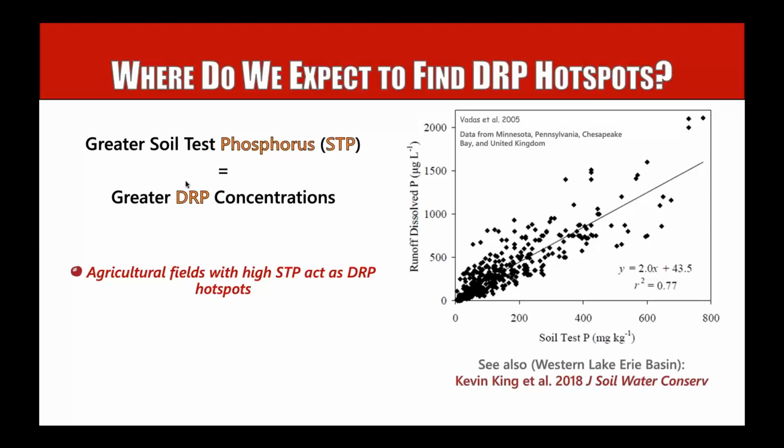And as you can see in the graph here, the higher concentrations of soil test phosphorus you have, or the more phosphorus you have in the soil, the greater probability there is for higher amounts of dissolved phosphorus to run off that field.